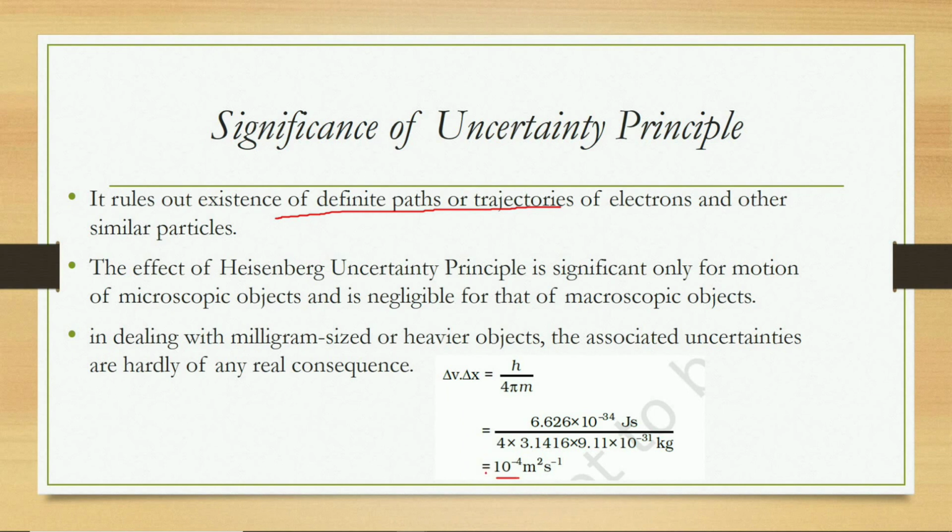Even light, which can travel so fast, has a speed of 10 raised to power minus 8. So this is the significance, or we can say this is the particular drawback, that it is applicable only to microscopic objects, not applicable to macroscopic objects. Alright, thank you.